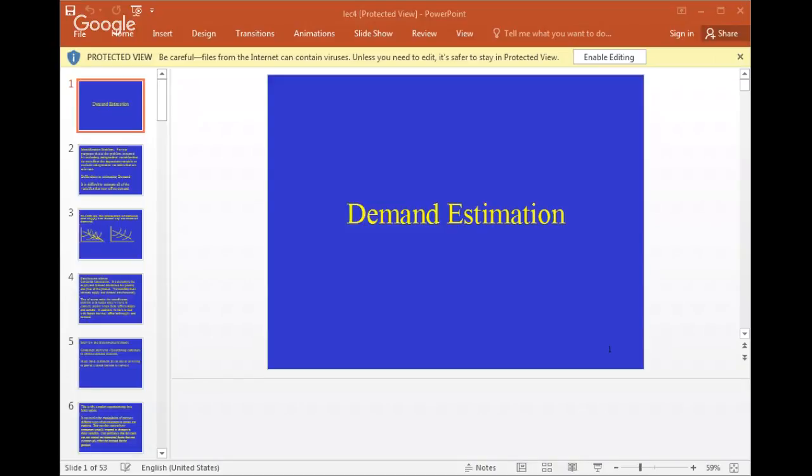It's 1,000, but for the regression I'm just using 20. For every 1 increase in A, if I go from 20 to 21, the quantity demanded will increase by 1.5.